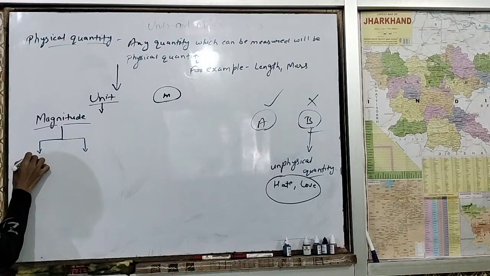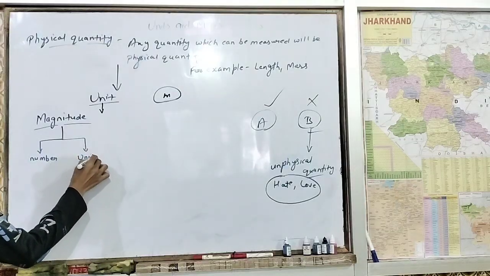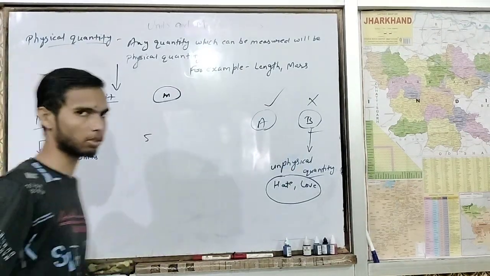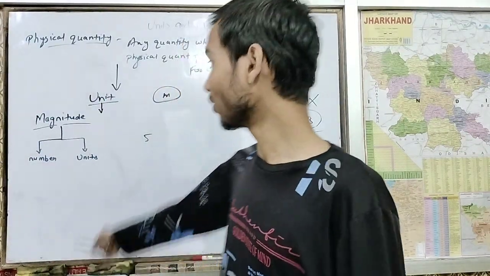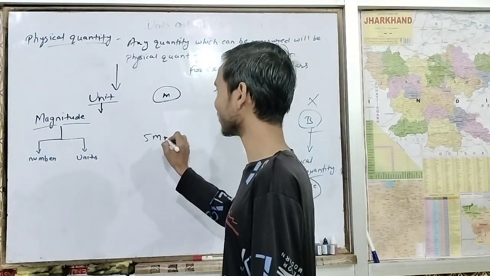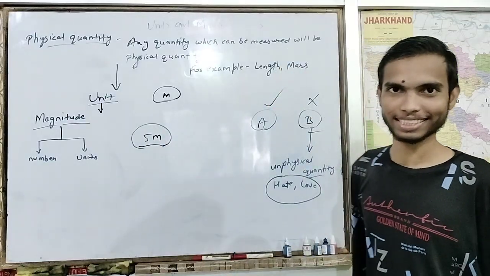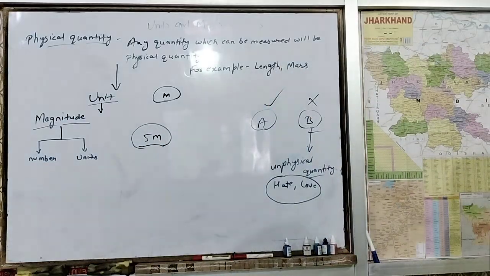Number and unit. For example, 5 is a number. Now, where is the unit? Let's use the unit meter: 5 meter. Now it is a complete magnitude. How can we say that?